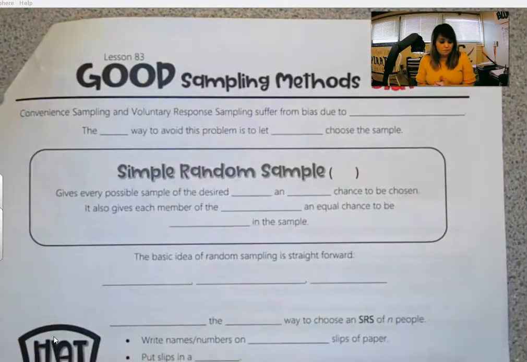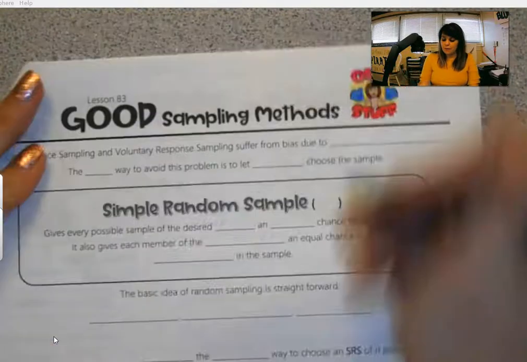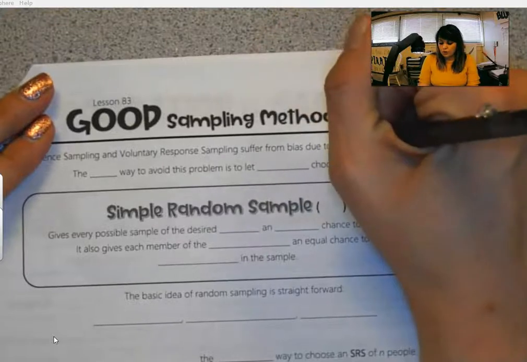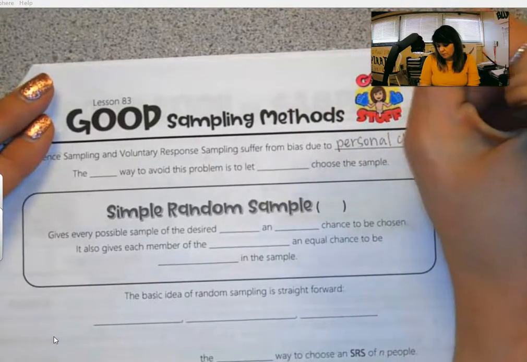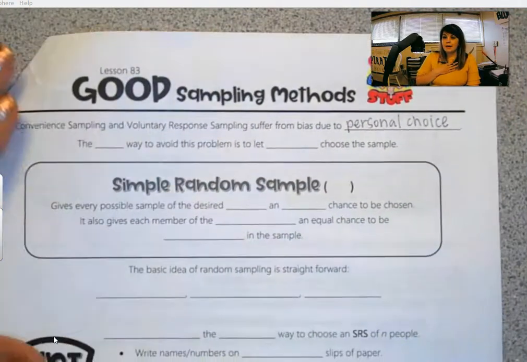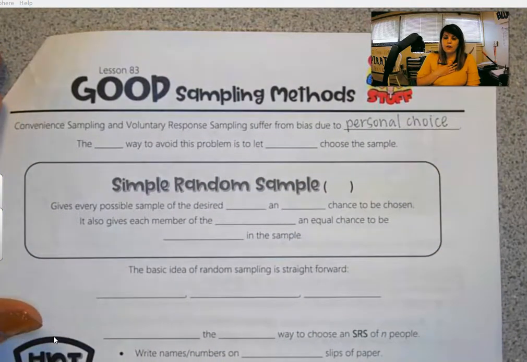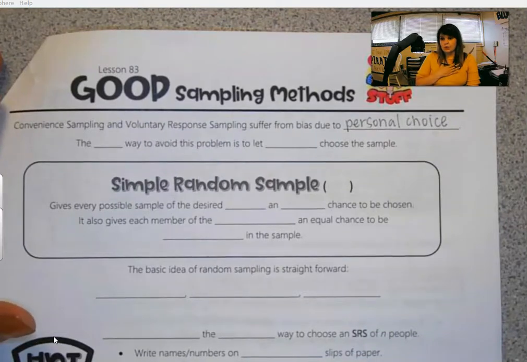Convenience sampling and voluntary response sampling suffer from bias due to personal choice. For a convenience sample, I am personally choosing to find people that are easy and convenient to reach. For a voluntary response sample, I am choosing to participate.